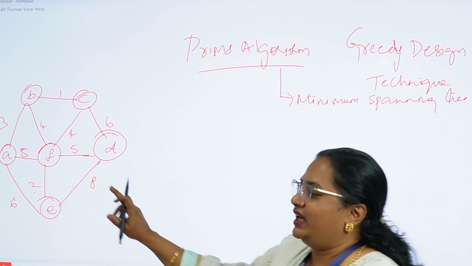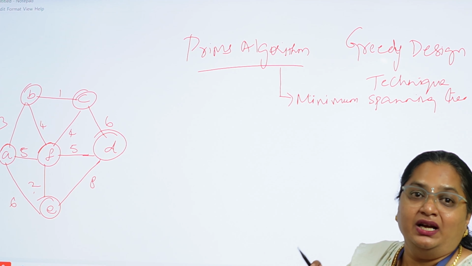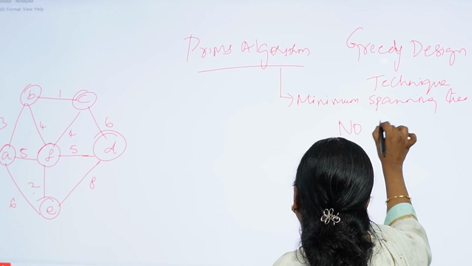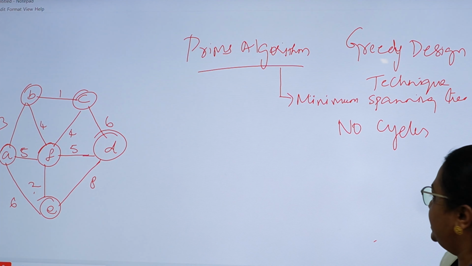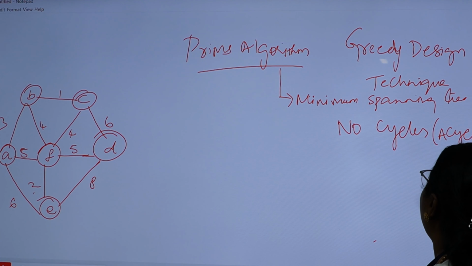When you connect one vertex at a time, you take only the minimum weight and it should not form any cycles. There should be no cycles when you are connecting those vertices. So we call this an acyclic subgraph.